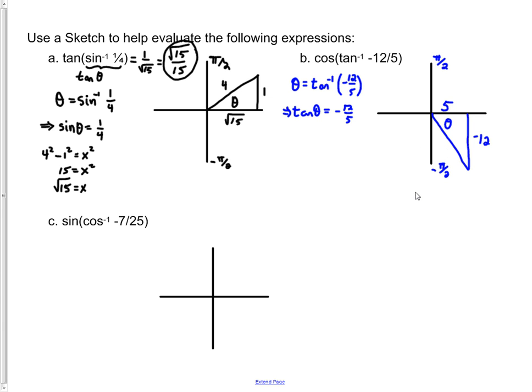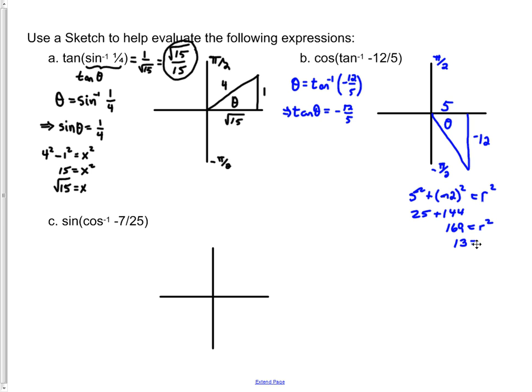Well, if we take 5 squared and add negative 12 squared, we get our hypotenuse squared, and that is 25 plus 144, which happens to be 169, which oddly enough is the square of 13.